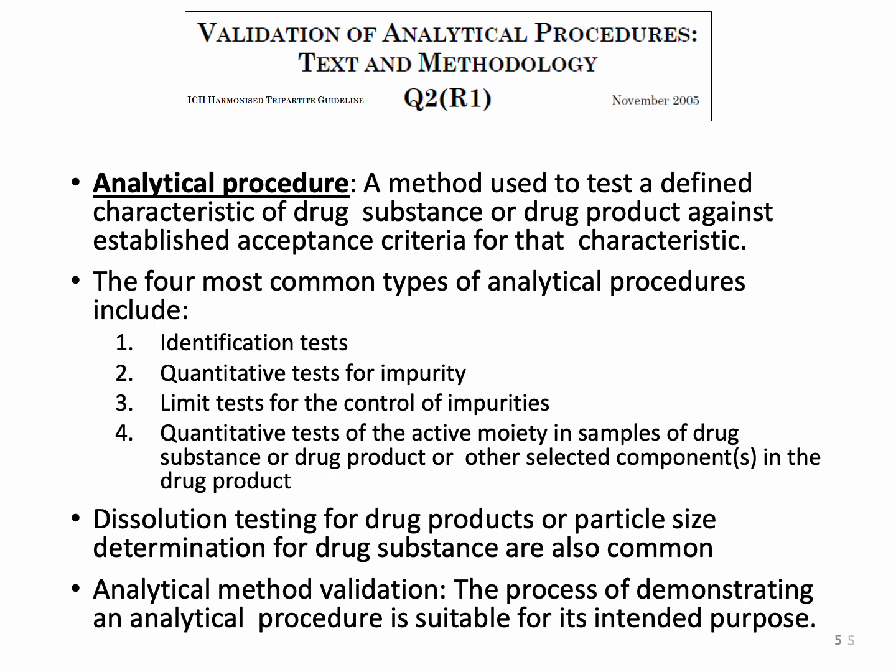One is the identification tests. The second is the quantitative tests for impurity. The third one is the limit tests for the control of impurities. And the fourth one is quantitative tests of the active moiety in samples of drug substance or drug product or other selected components in the drug product.